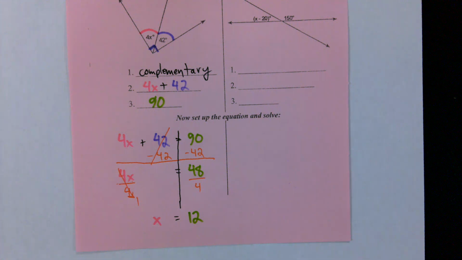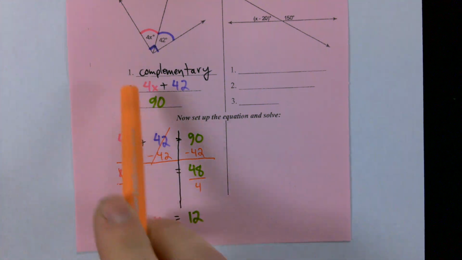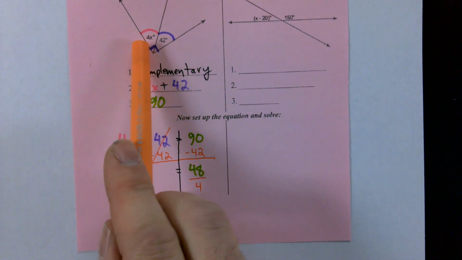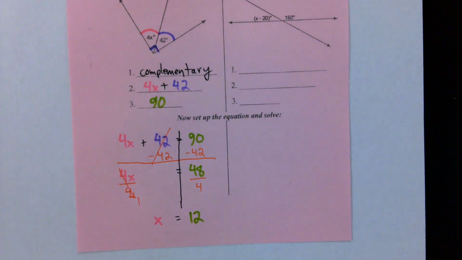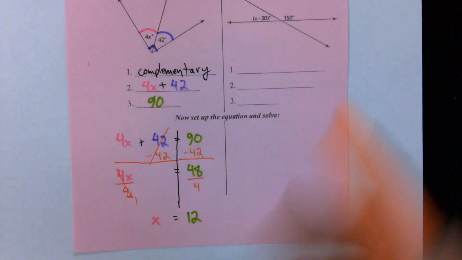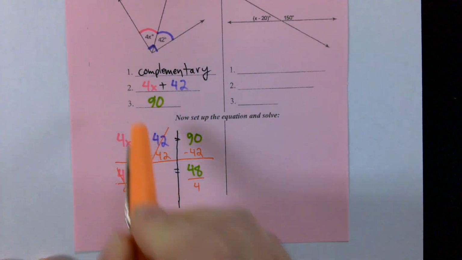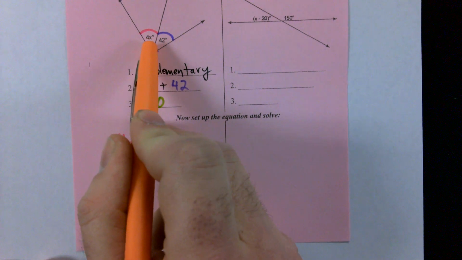Okay, interesting thinking. I see what you mean by that. Let's try Hannah. 12 is the variable? Exactly. 12 is the variable. 48 is the actual angle measure here, right? 48 and 42 makes 90. So you were definitely on the right track. You noticed that 12 and 42 wouldn't make sense because 12 is not the angle measure, it's the missing variable.